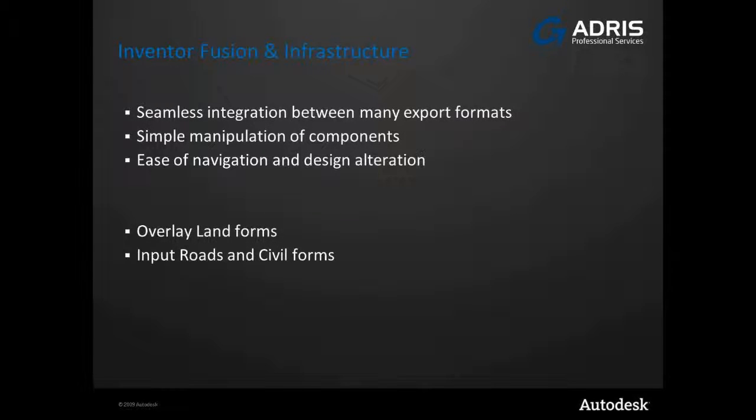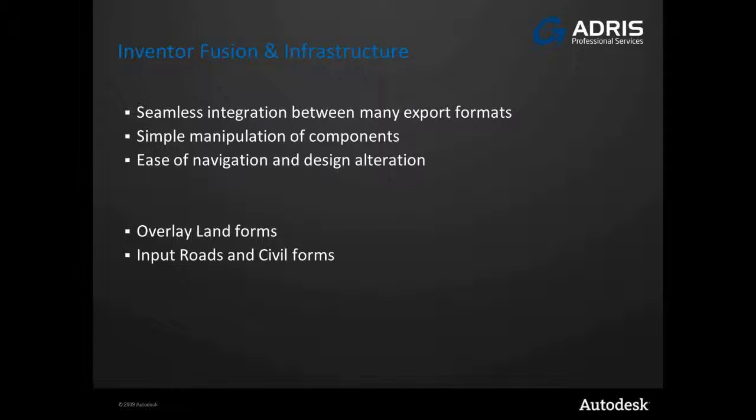We also have rule-based design, so this will allow you to automatically manipulate your designs based upon rules that have been pre-assigned. It also has a tube and pipe module for building services design if you wish.